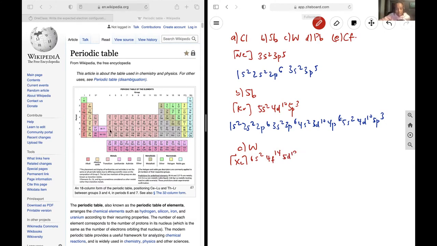Oh, we're not going all the way. Now that we're in the 5d group, we realize that it stops on the fourth one. So it's actually going to be 5d4, and that is going to be the final answer.